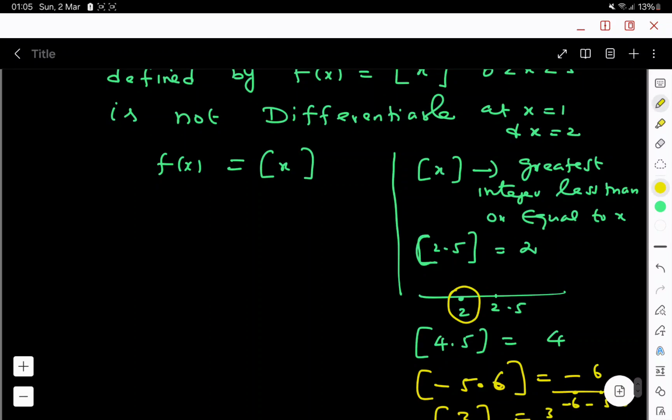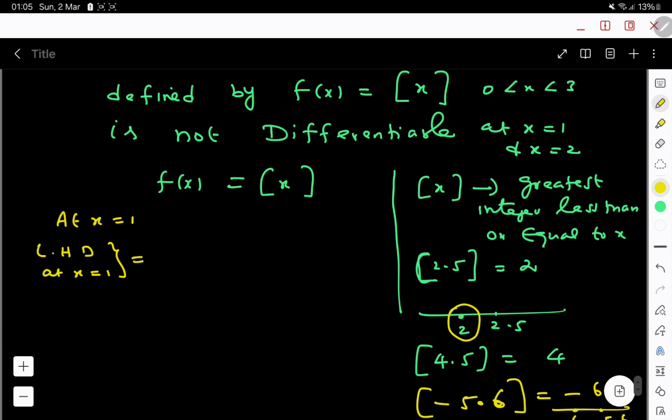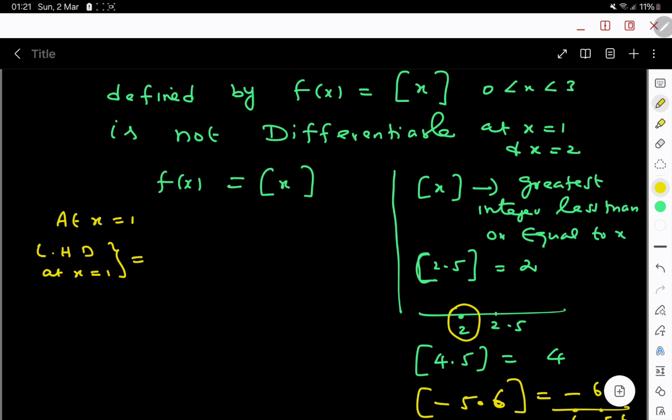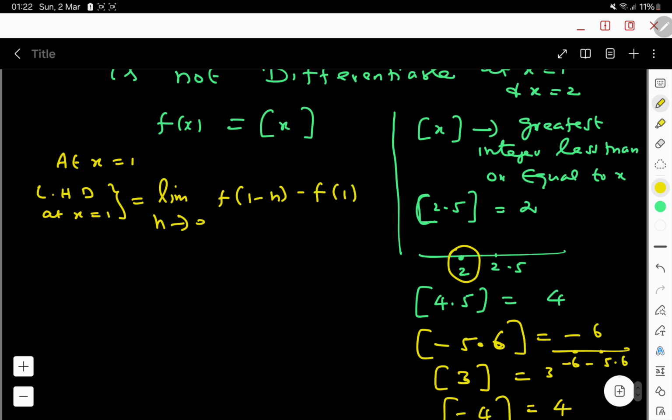Okay, now we show that the function is not differentiable at x is equal to 1. Now write the left derivative formula at x is equal to 1. Left hand derivative at x is equal to 1 is equal to limit h tends to 0, f of 1 minus h minus f of 1 divided by minus h, because the point is 1, so I am writing 1 here.